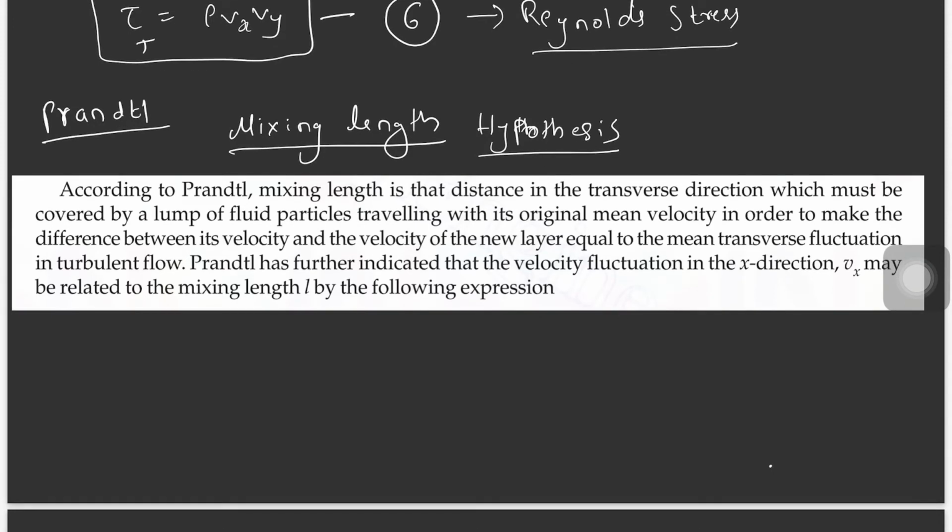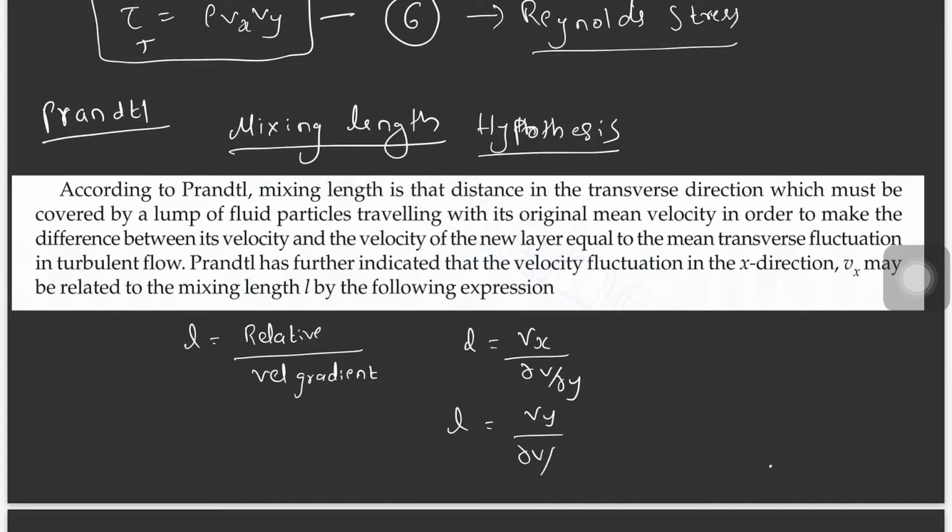The final outcome is that mixing length L is equal to relative velocity divided by velocity gradient. In the horizontal direction, L can be written as Vx by dou V by dou Y, and in the vertical direction L can be written as Vy by dou V by dou Y.